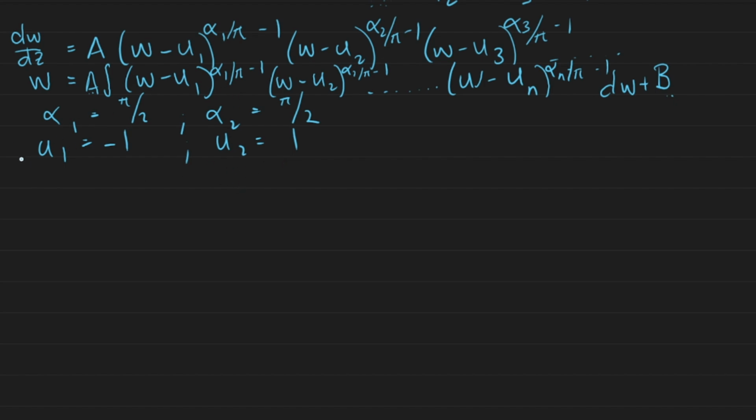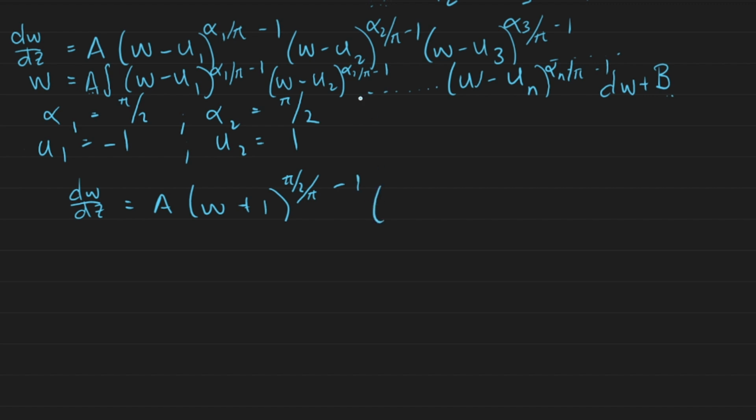So we can substitute these values into our expression for dw over dz. When we do that, what we get is dw over dz is equal to A into (w minus minus 1, and a minus minus gives us a plus) so (w plus 1) to the power pi over 2 divided by pi, and then minus 1.